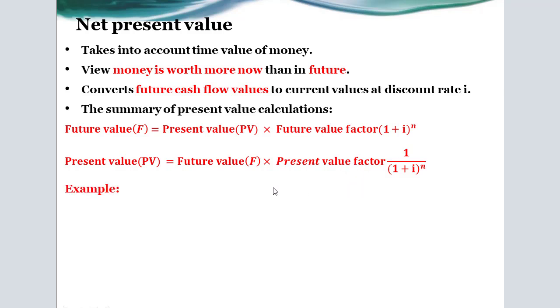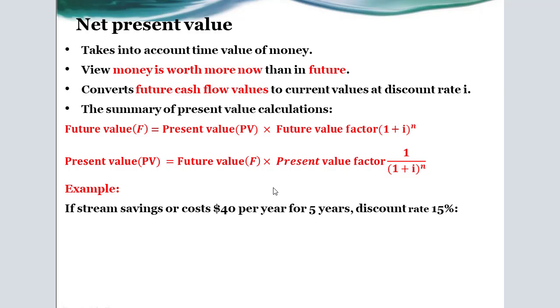And we have a simple example of the stream of saving or cost, 40 per year for 5 years, and we have a discount rate of 15%, and so we can calculate the present value by dividing the stream of saving by the present value factor.